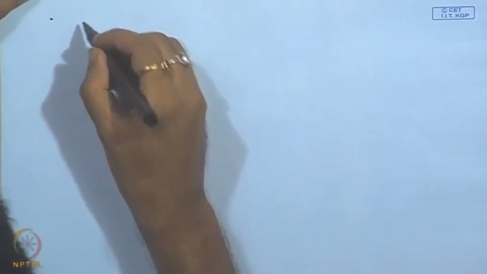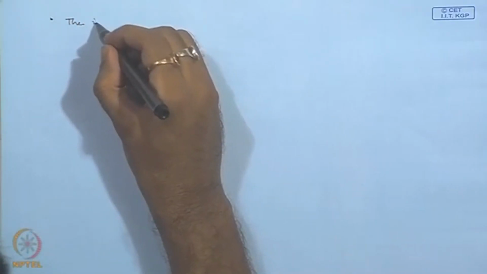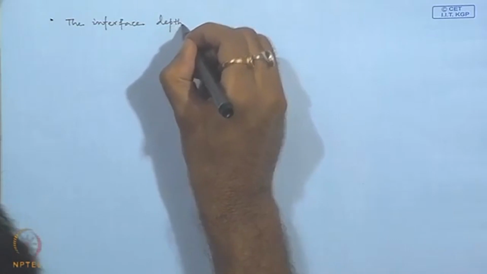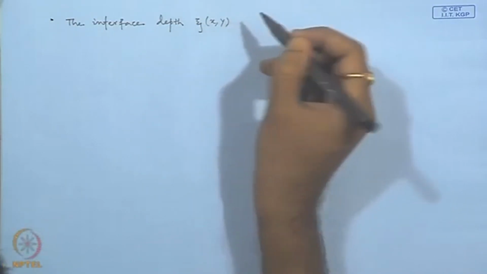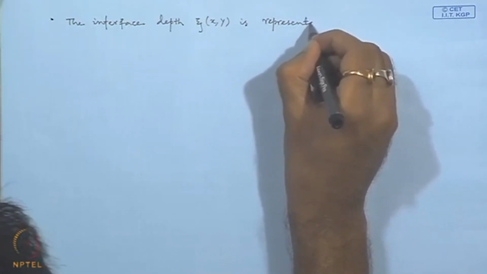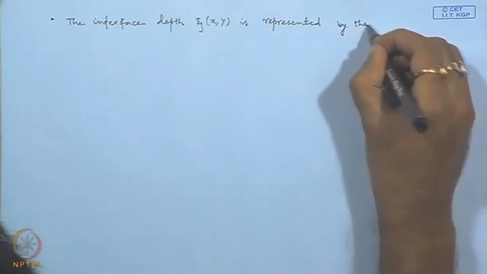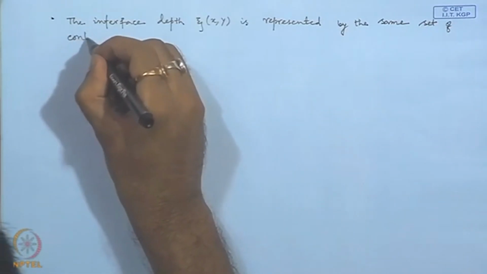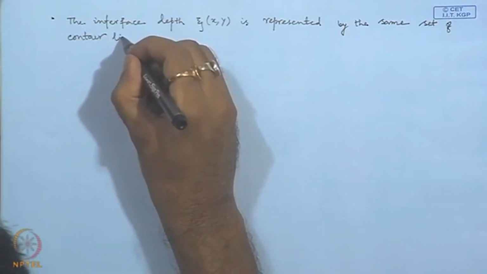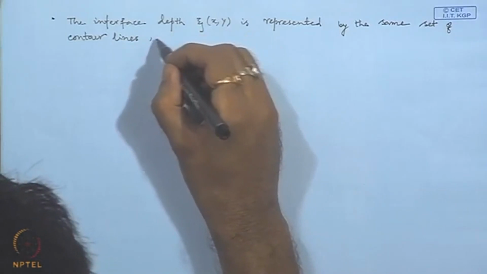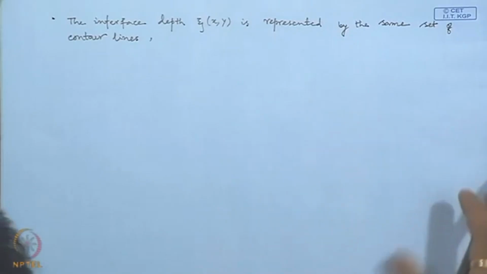Then the interface depth xi, which is a function of x and y, is represented by the same set of contour lines and this is drawn within the plotting.